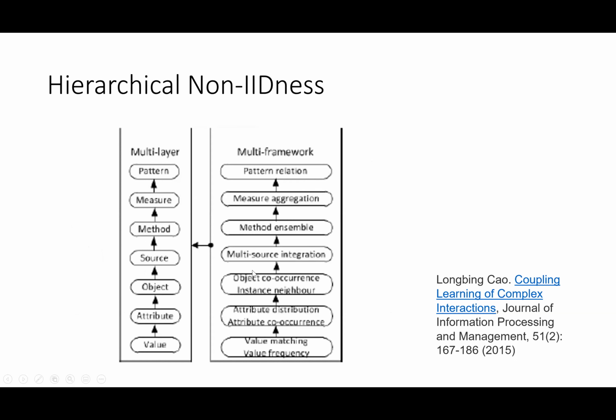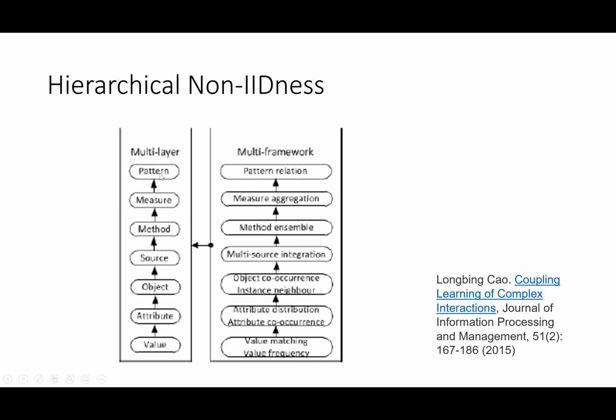And another important thing I want to mention is the hierarchy perspective, as I showed in some of the examples: from value to attributes to objects to object clusters, and also attribute clusters, feature clusters, feature sets or feature subsets, and the data source, to multiple methods, multiple measures, and multiple results.